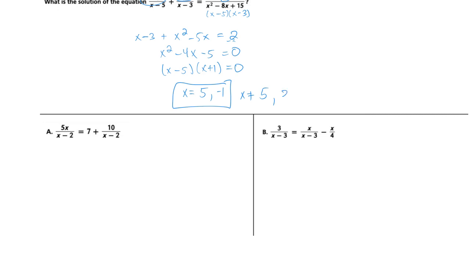Oh, sorry, 5 and 3. So we cannot use 5 here. So x is just equal to 1. Because 5 would make us an extraneous solution. We cannot have 5 in the denominator. So x cannot equal 5.